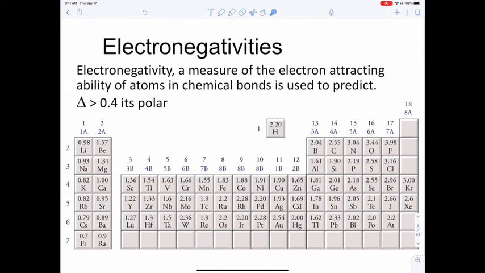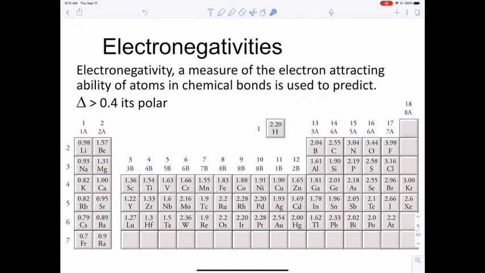It says that if the difference, big delta, between two atoms is greater than 0.4, then it's a polar bond. Here between hydrogen and oxygen, the electronegativity difference, 3.4 minus 2.2, is certainly bigger than 0.4, and so it's a polar bond. That's how we determine which bonds are polar.